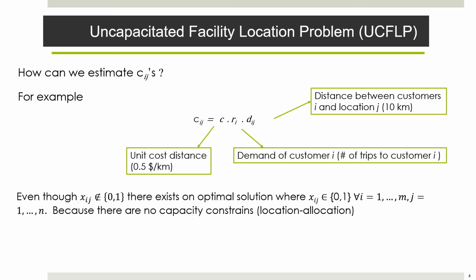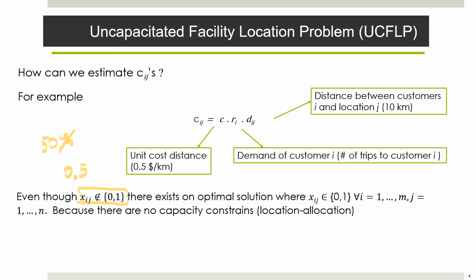We said that these Xijs are the proportion of the demand. Okay, it is between 0 and 1. And we are not expecting these Xij to be 0 or 1. It can take any value. It can take, for example, 0.5.